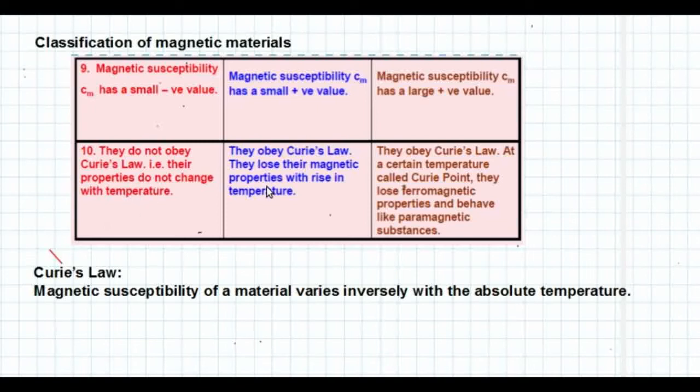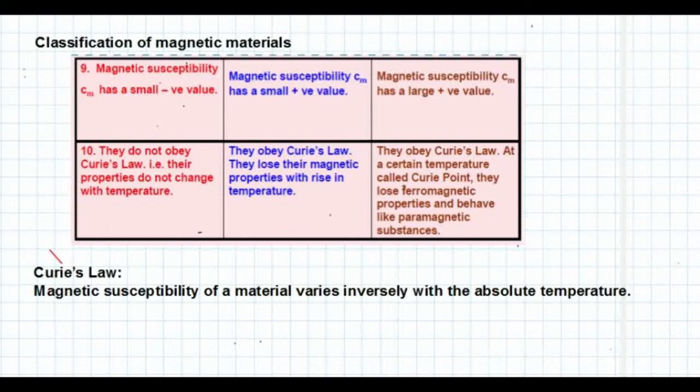Paramagnetic material obeys Curie's law, that is, they lose their magnetic properties with the rise in temperature. And ferromagnetic materials also obey Curie's law. At a certain temperature called Curie's point, also called Curie's temperature, they lose ferromagnetic properties and behave like paramagnetic substances.